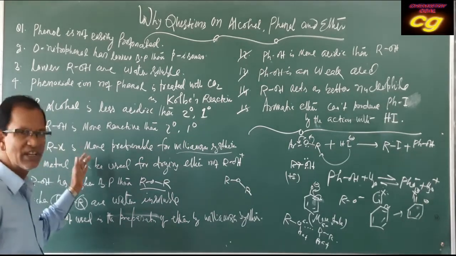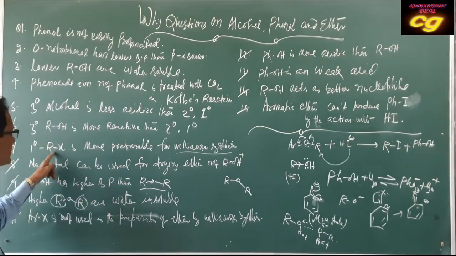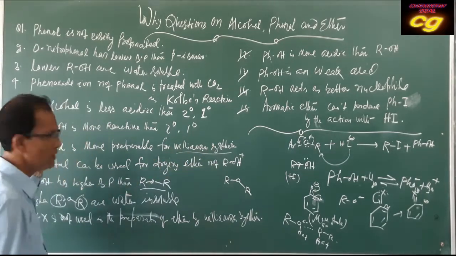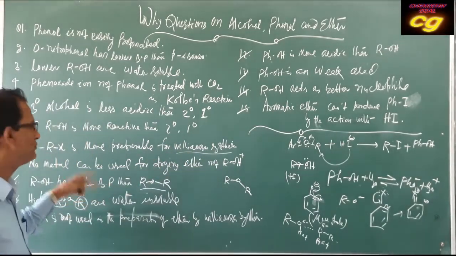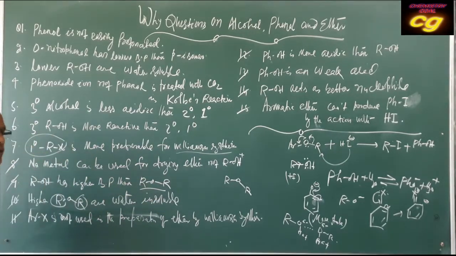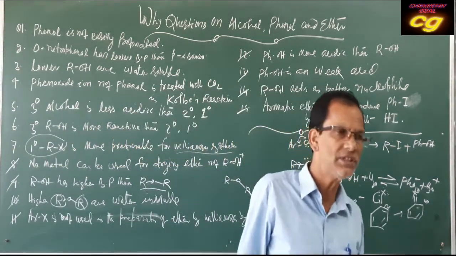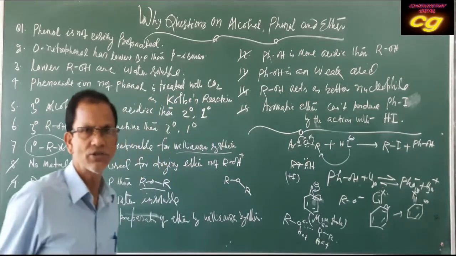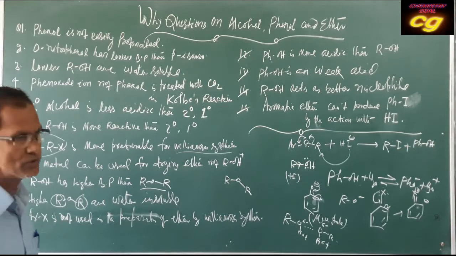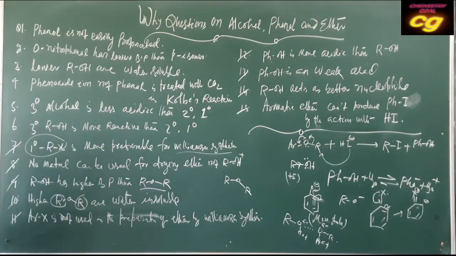So you get alkene instead of ether. That's why primary haloalkane is the better reagent for preparation of ether by Williamson synthesis, because secondary and tertiary haloalkane give alkene, an elimination reaction, instead of nucleophilic substitution. This is the answer.